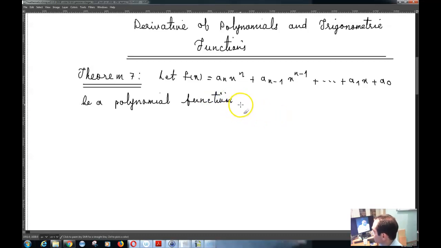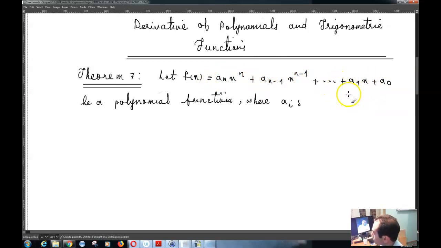Where the a of i's, meaning this is the plural of a of i, is not a variable or anything, just the plural of a of i, meaning that the index of a changes, as you can see over here: a of n minus 1, a of n, a of 1, and so on and so forth.